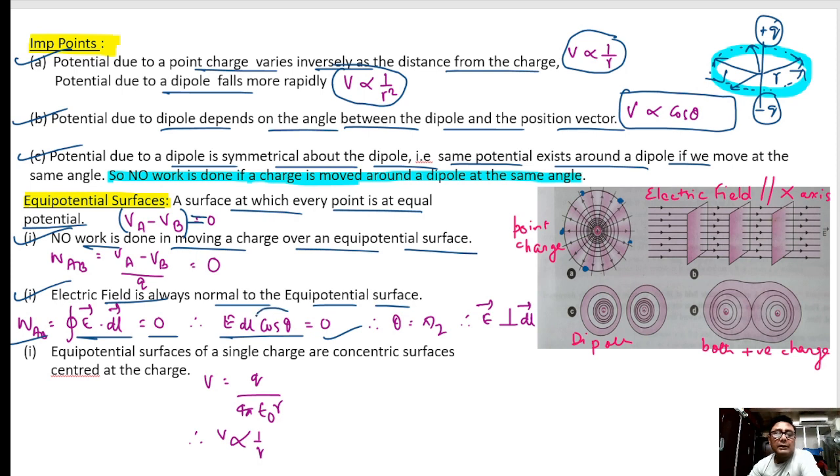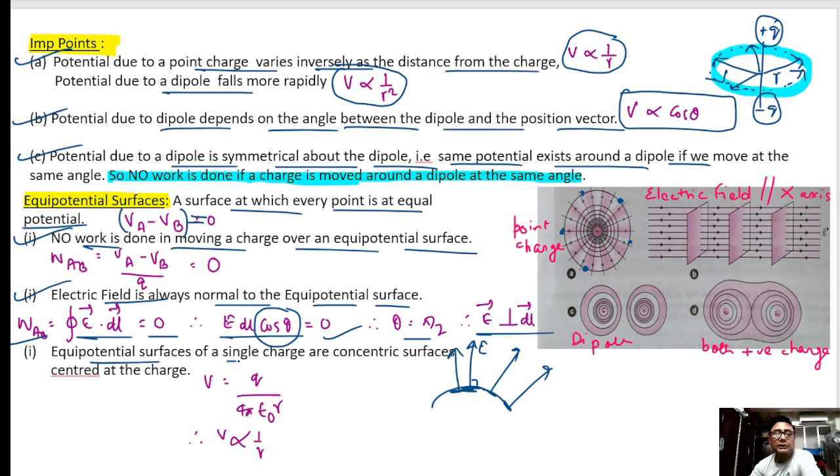If theta is 90 degree, then only E will be perpendicular to dl. That means if this is a surface, electric field is always perpendicular to the surface. Please note that. Electric field is always normal to the equipotential surface.